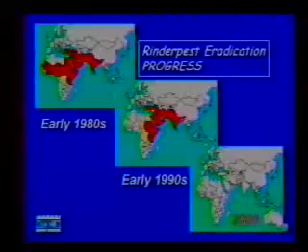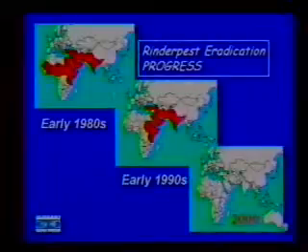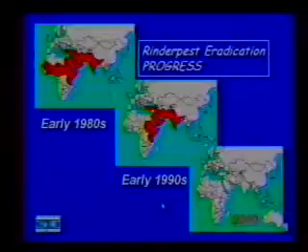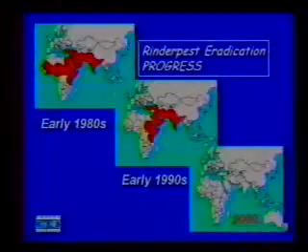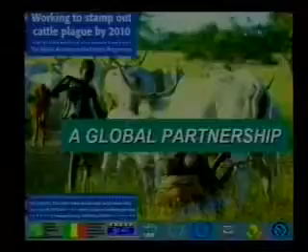And obviously Afghanistan is here, and with the opening of Afghanistan to increased trade, it is feared that rinderpest could possibly move into that area. So there is very much a keen approach at the moment to eradicating the virus here in Pakistan.